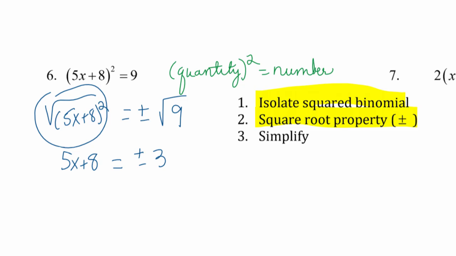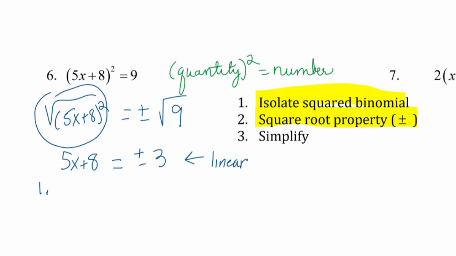Now this is important. We still have to solve for x, because ultimately, when they tell us to solve, we're solving for x. So at this point, we are going to split up our linear equation into two different equations.